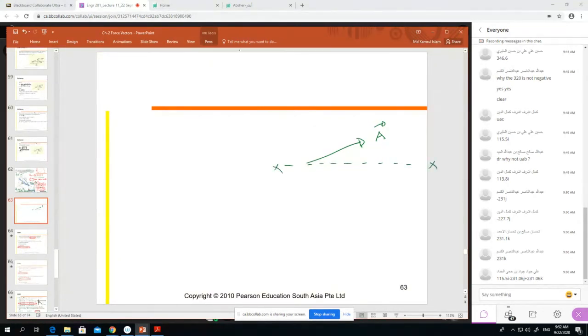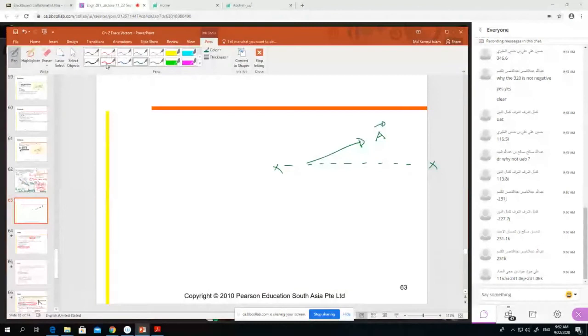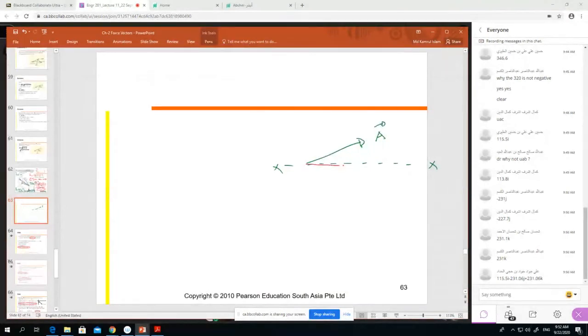We want to find the component of vector A along the x-axis. So the vector Ax equals the vector A into the unit vector ux. We want the direction, just the vector and the unit vector.